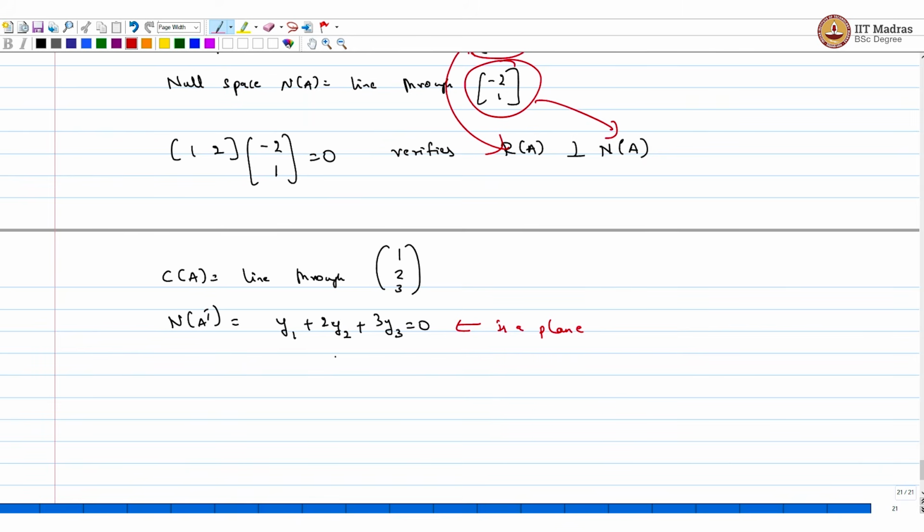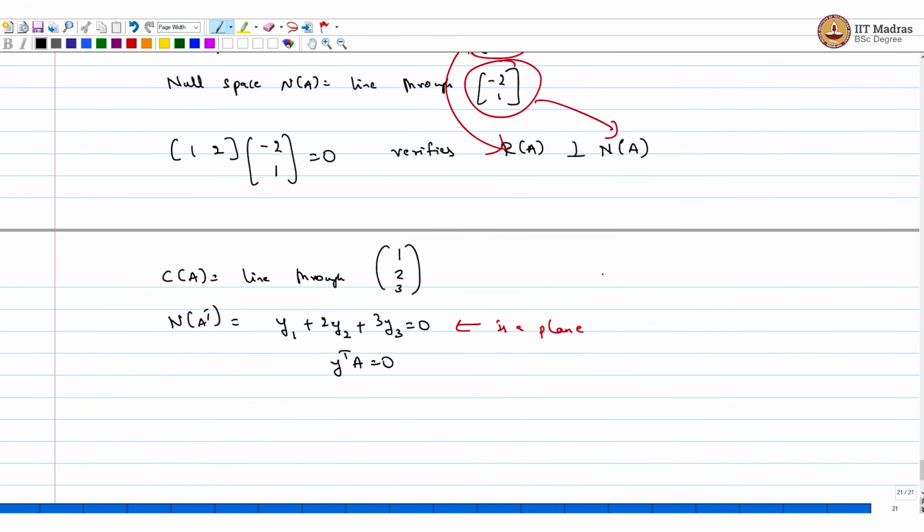And why is this true? This is the set of all y such that y transpose A equals 0. And this y transpose A equals 0 is the same as saying the column space of A is orthogonal to the null space of A transpose.